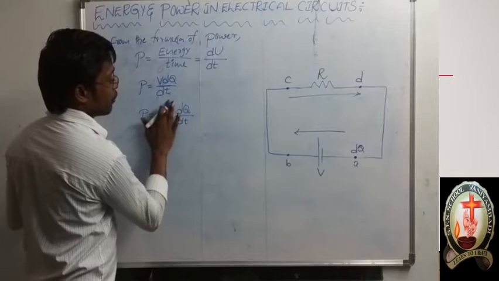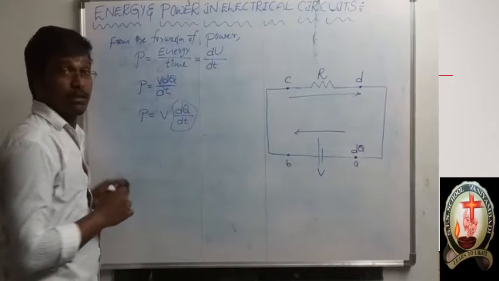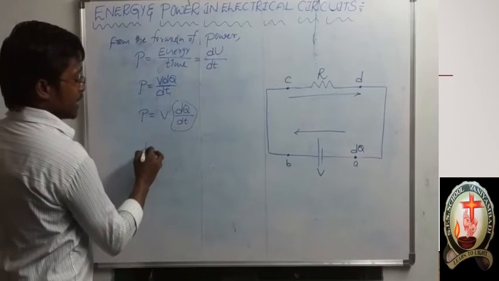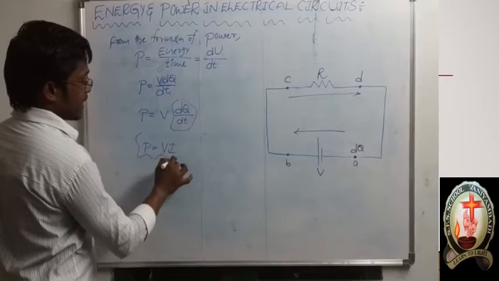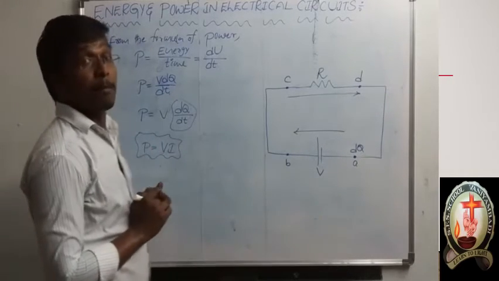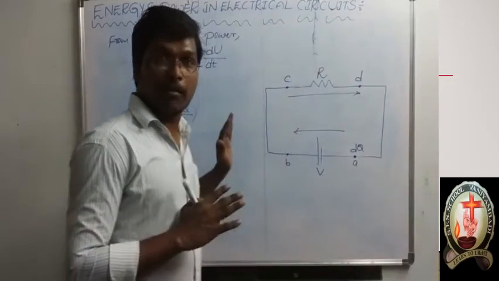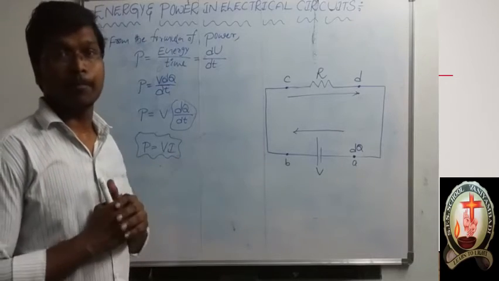We already know dq by dt, what is it? Current. So current means I. P is equal to V into I. This is the expression of the power in electrical circuits. P is equal to V into I.